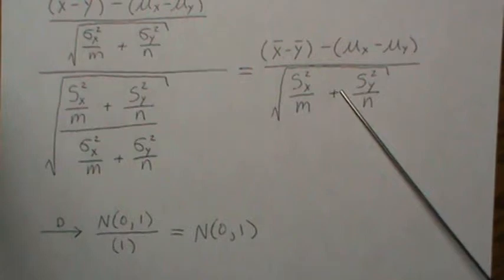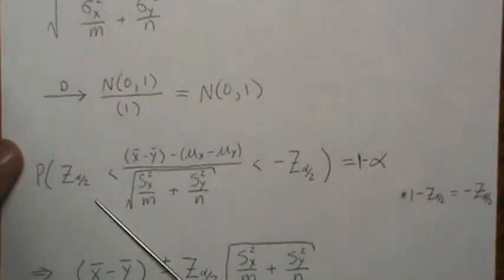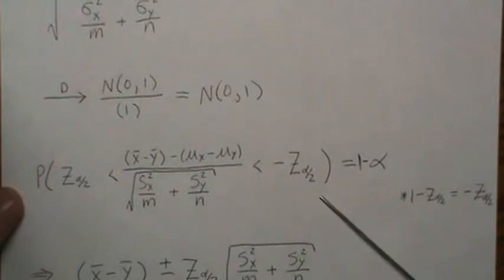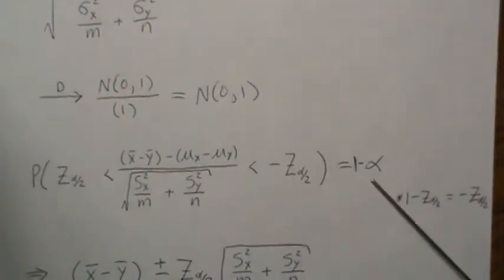So that tells us that for this piece we can write a probability statement. The probability that this is between the alpha over 2 cutoff on the left and the alpha over 2 cutoff on the right is 1 minus alpha.